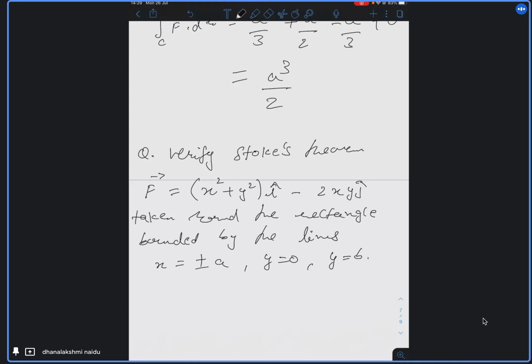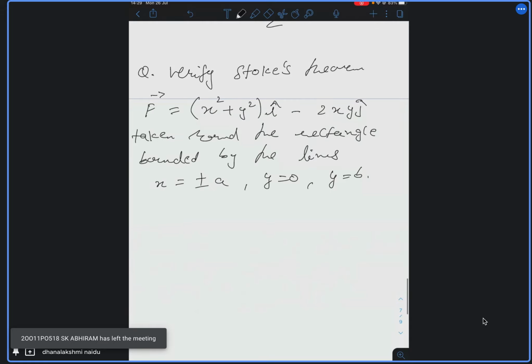So first always go for the RHS, where you have to solve the surface integral of curl of f bar dot n bar ds. So at least you will have an idea.